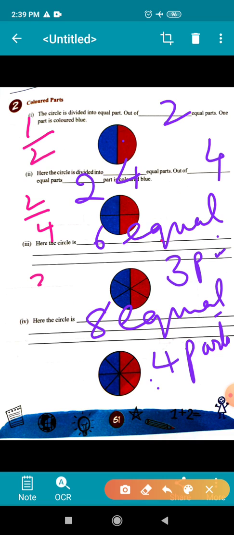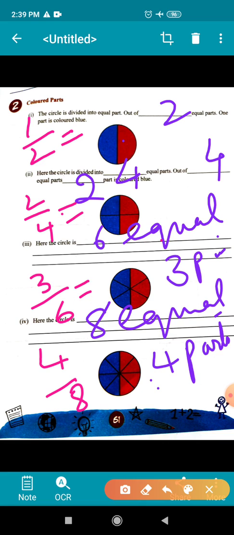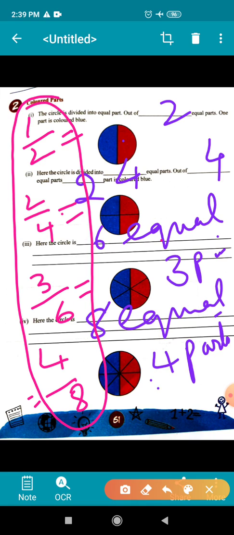Here 3 by 6. In the fourth figure 4 by 8. So you can see 1 by 2 is equal to 2 by 4. It is equal to 3 by 6, and it is equal to 4 by 8. So children, these are equivalent fractions, and these equivalent fractions are represented in different ways. Okay. Now let us see the next question.